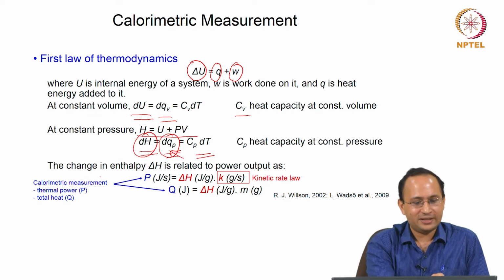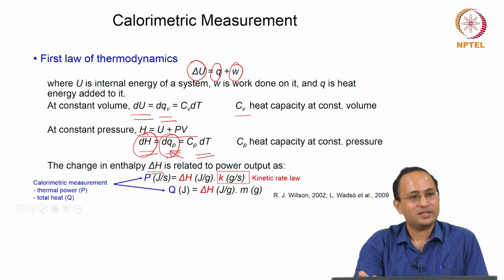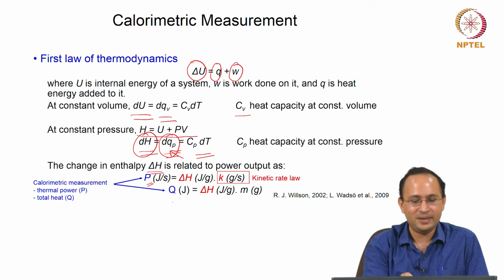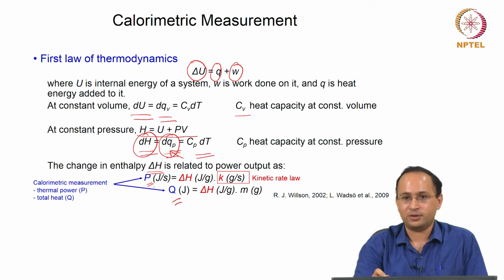So the change in enthalpy, delta H, can be related to the power output, because from calorimetry you are going to get two signals, P and Q. What is P? P is thermal power. How do you measure power? Power has units of watt or joule per second.